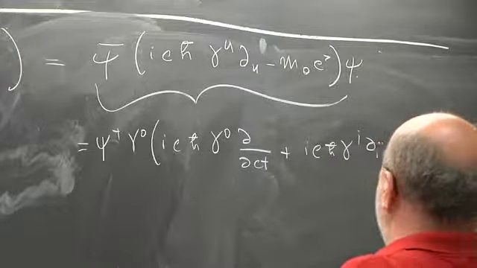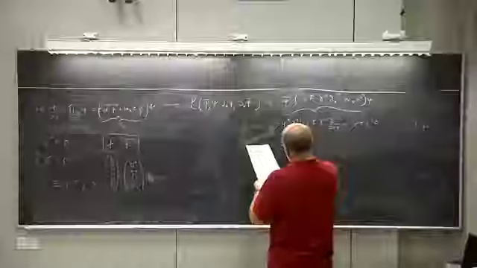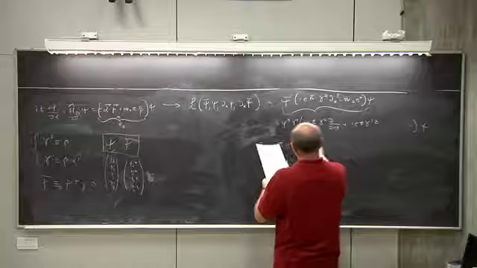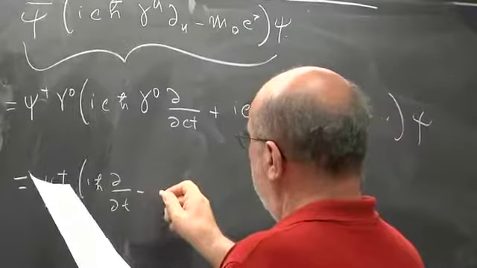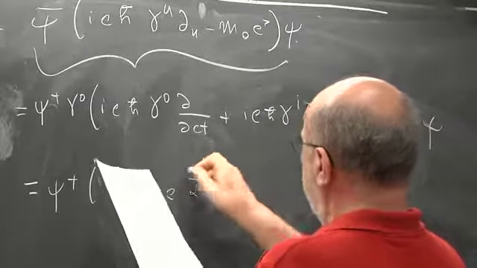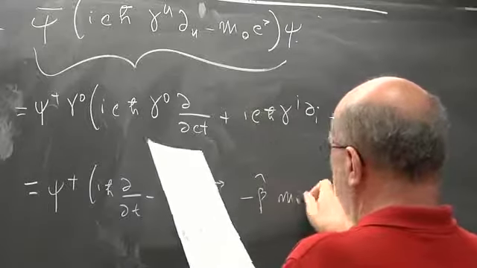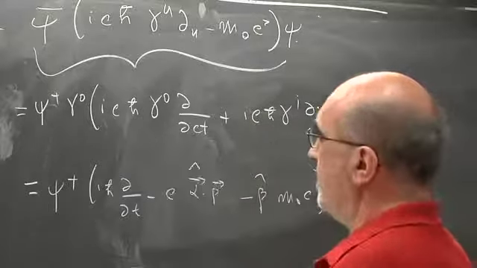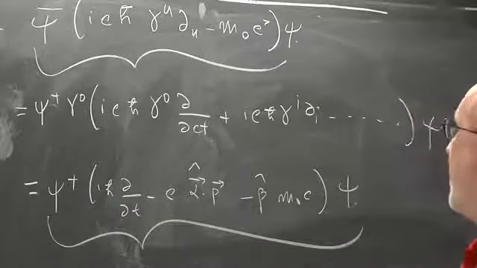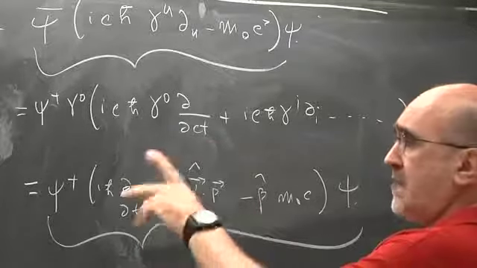If you do this, you get the following: psi dagger, i hbar d/dt minus c alpha times p, where alpha is an operator, minus beta m0 c squared, psi. So another form of the Lagrangian is this, but you see how awful it is. It does not have the right things in the right place.